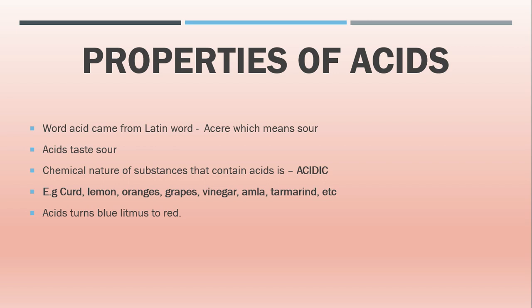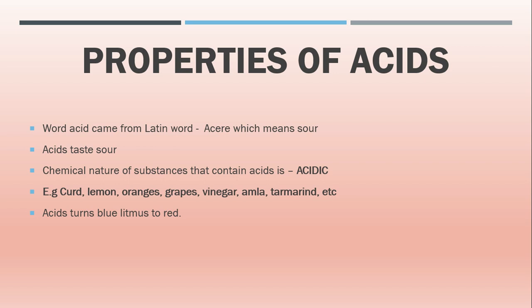This is something new that we will come across when we learn about indicators. This litmus that you are seeing here is actually an indicator. What is an indicator? You know what an indicator means: a car has an indicator, what is it used for?